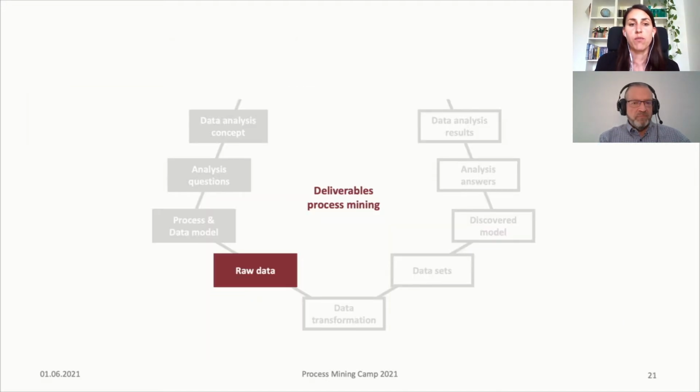So when we finished this phase, we had a quite good overview of the process itself and also of the data that was generated and where it was stored. So we were ready to get to the next phase and to extract the raw data from the system.